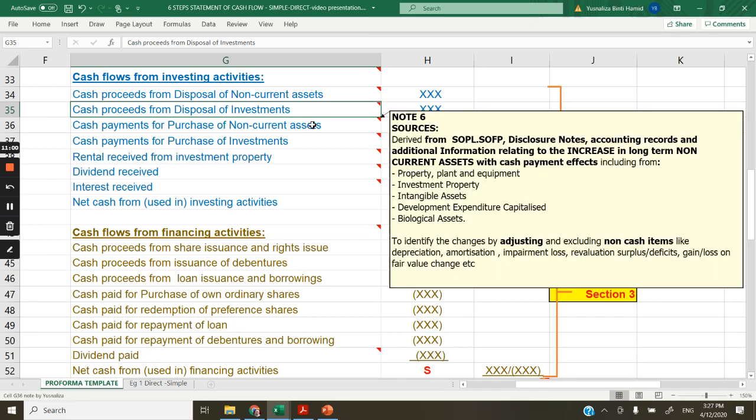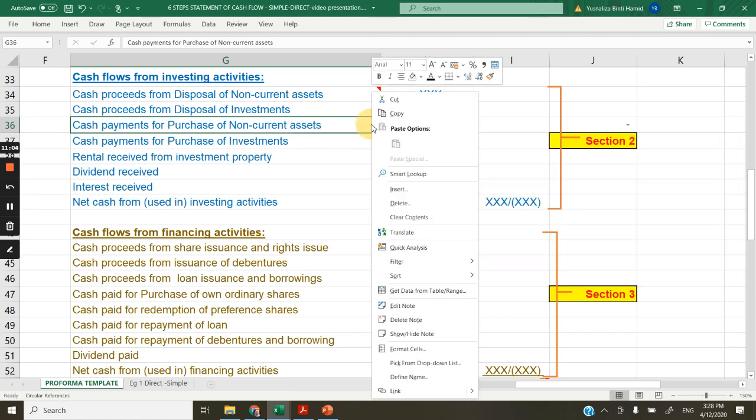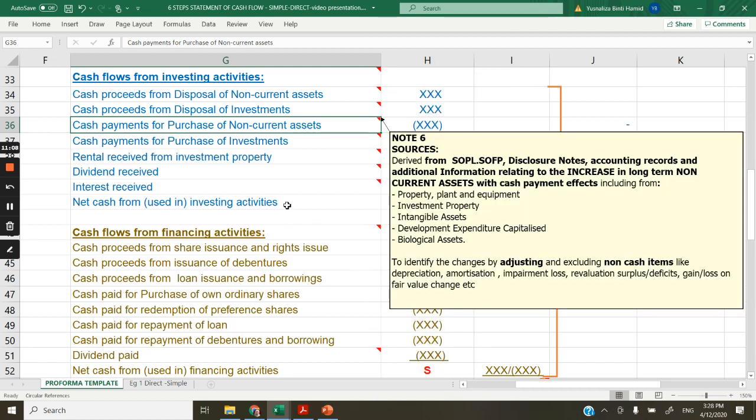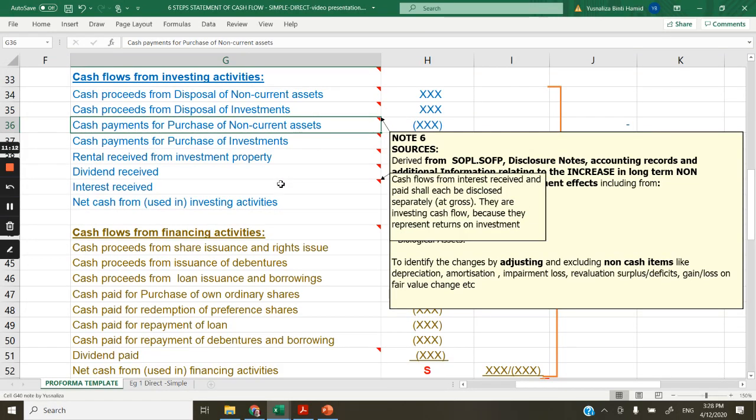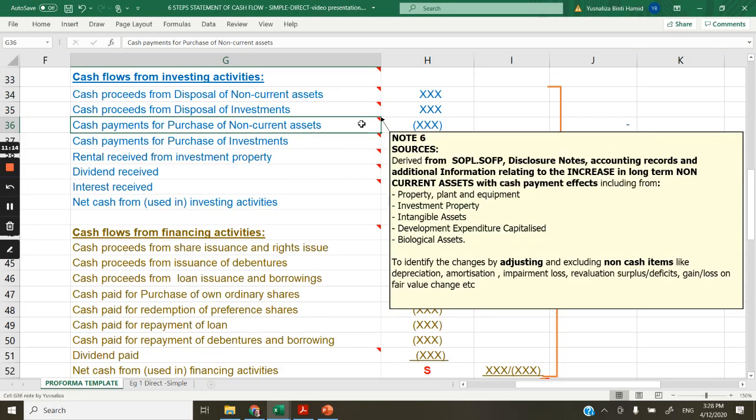The next one is regarding the acquisition or purchase of the non-current asset, and our focus here is both non-current asset, either the non-current tangible or non-current intangible. So where do you derive that information to find this cash payments of acquisition of non-current asset?